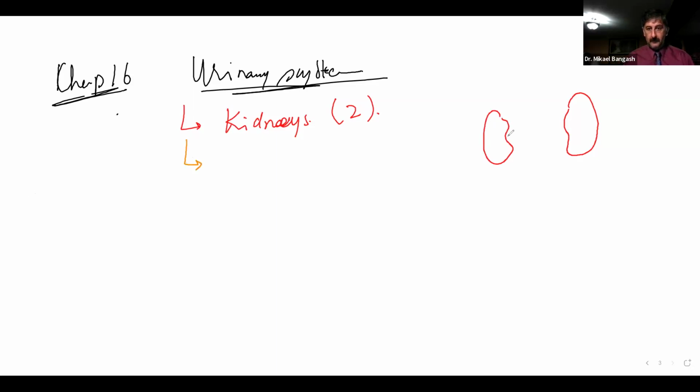From each kidney, there is going to be a tube, which is what we call a ureter. Now, since we have 2, there are going to be ureters. This is right, and this is left. So you have a right kidney and a left kidney, and a right ureter and a left ureter from each kidney.